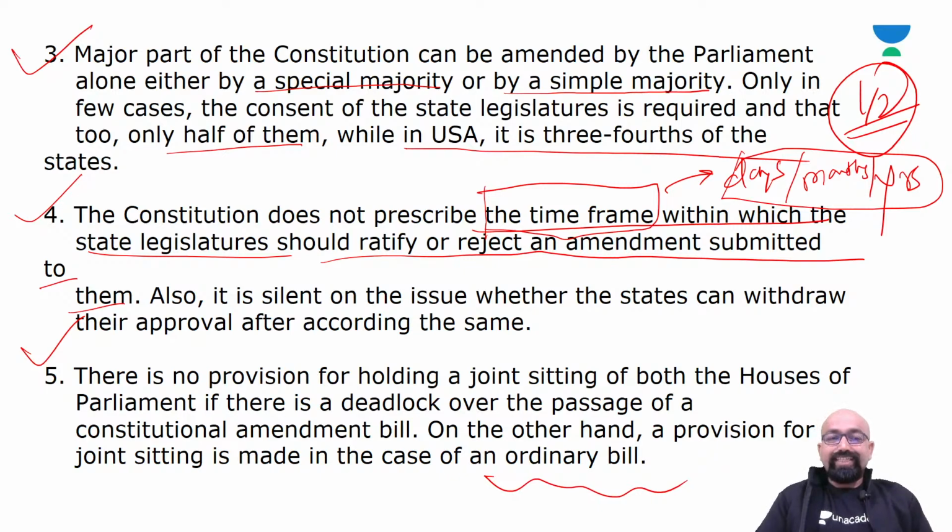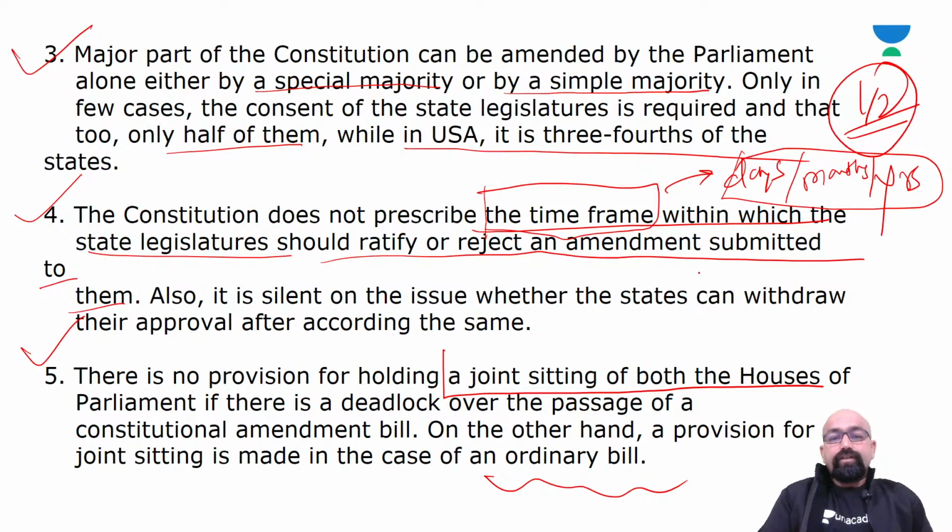Critics said there should be a provision of joint sitting in case of a deadlock over the passage of a constitutional amendment bill.